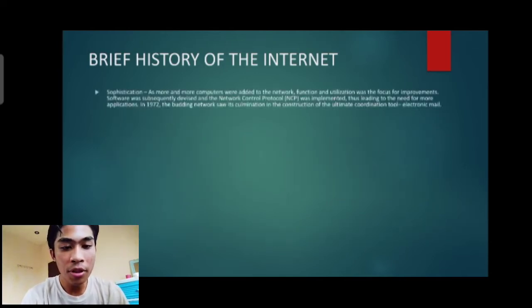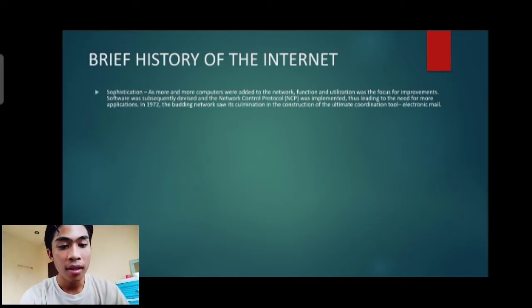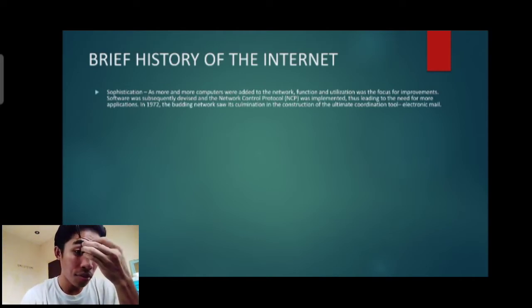As more and more computers were added to the network, function and utilization were the focus for improvements. Software was subsequently devised and the Network Control Protocol, or NCP, was implemented, thus leading to the need for more applications. In 1972, the budding network saw its culmination in the construction of the ultimate coordination tool, electronic mail.